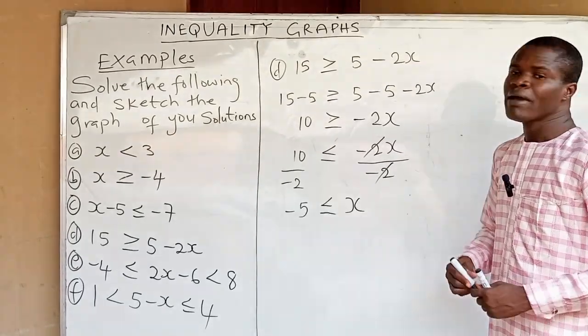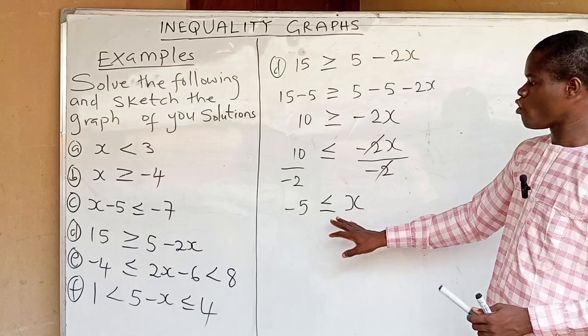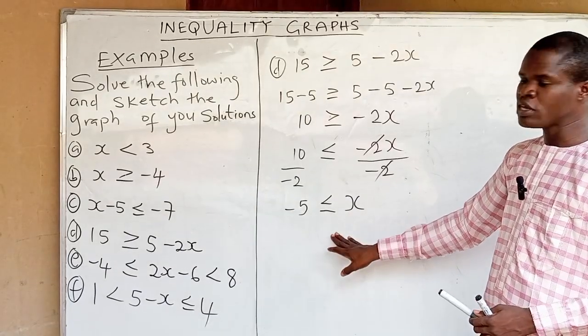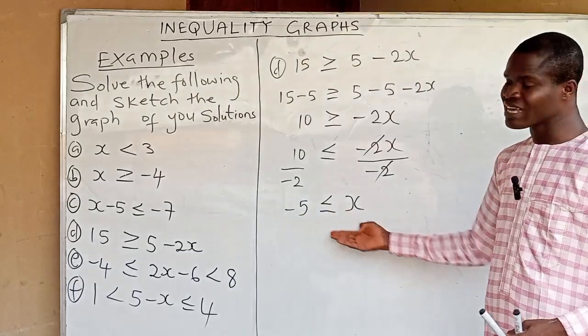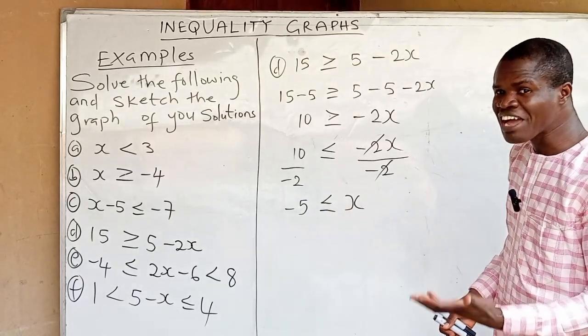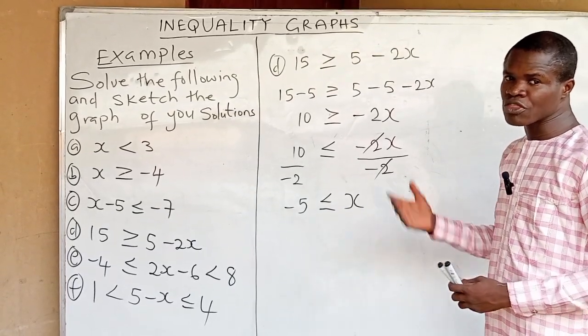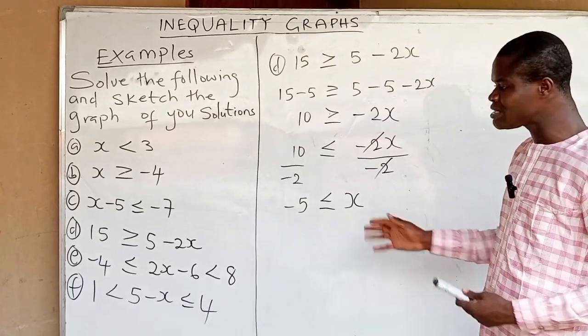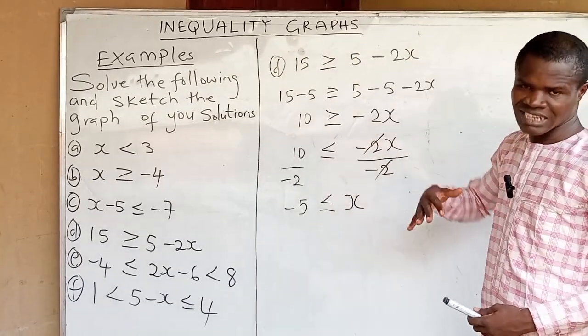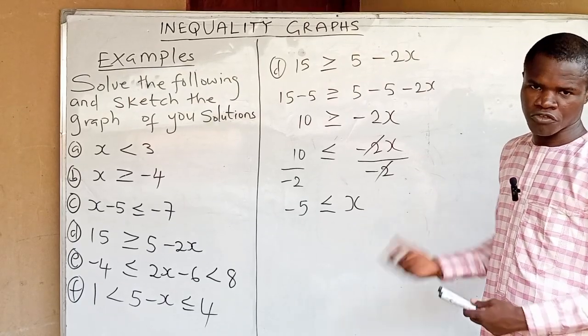Now, many students used to make mistakes when plotting a graph of inequality that looks like this. This solution set simply means minus 5 is less than or equal to x. That is to say, it means that x is greater than or equal to minus 5.